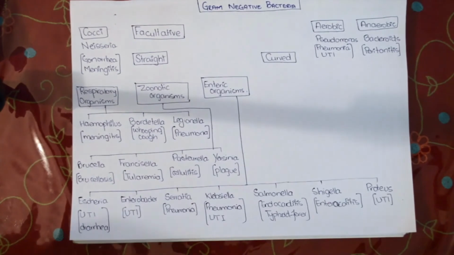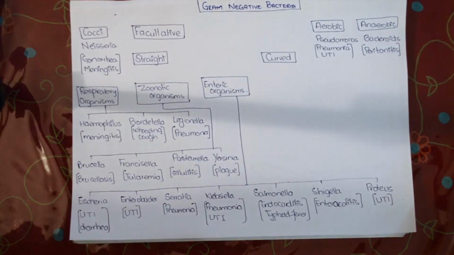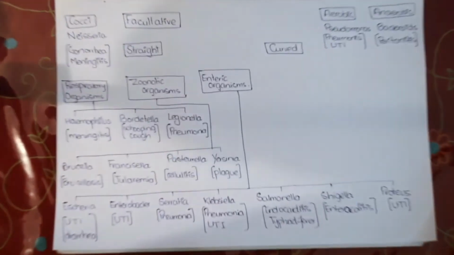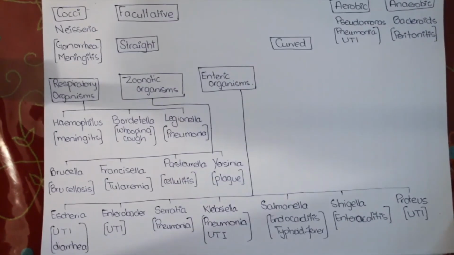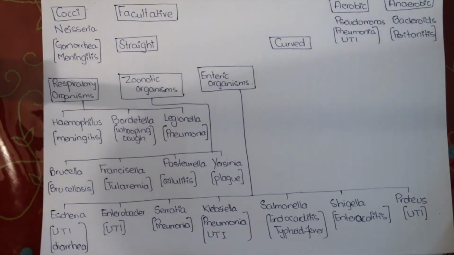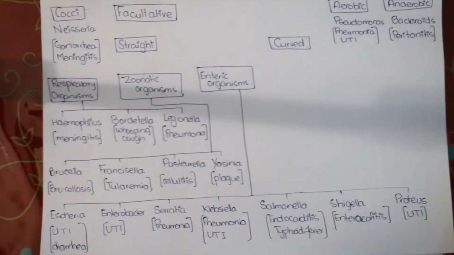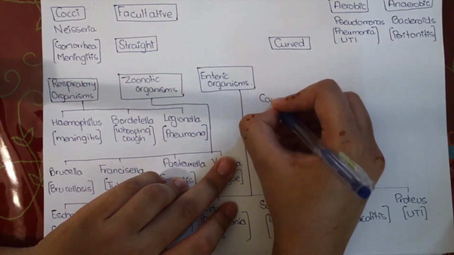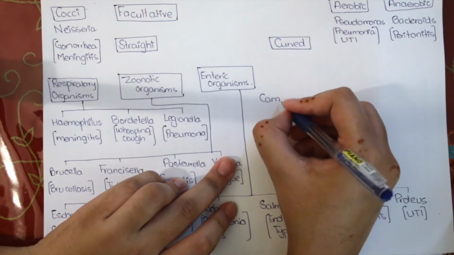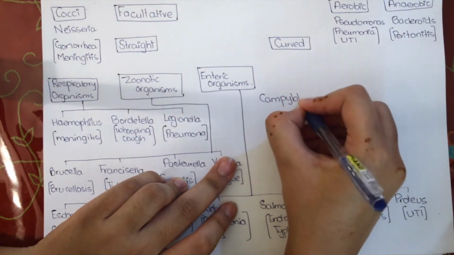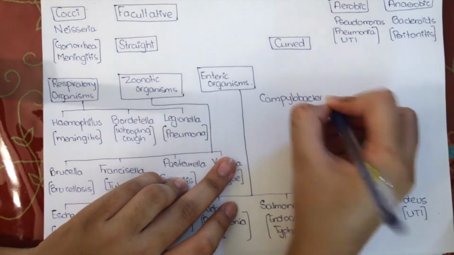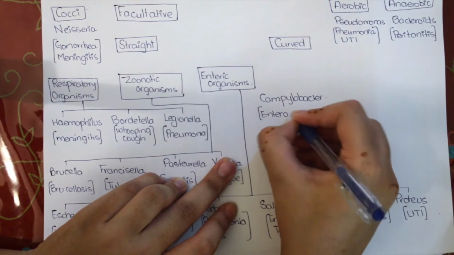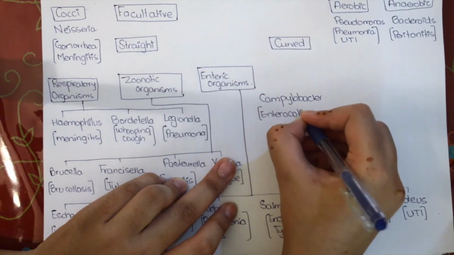So about the curved facultative gram-negative bacteria now. There are 3 in number. They are Campylobacter, that causes enterocolitis.